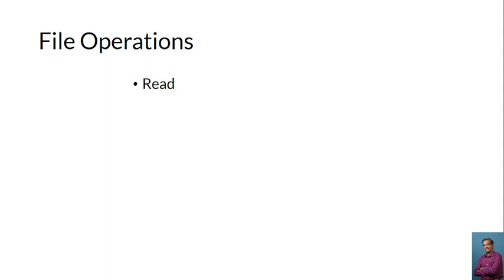First of all, we will check the read operation. To read, first of all we have to mention that we want to perform a read operation on the file. Whatever data we want to store into the file or read from a file, directly handling a file in C programming is not possible.